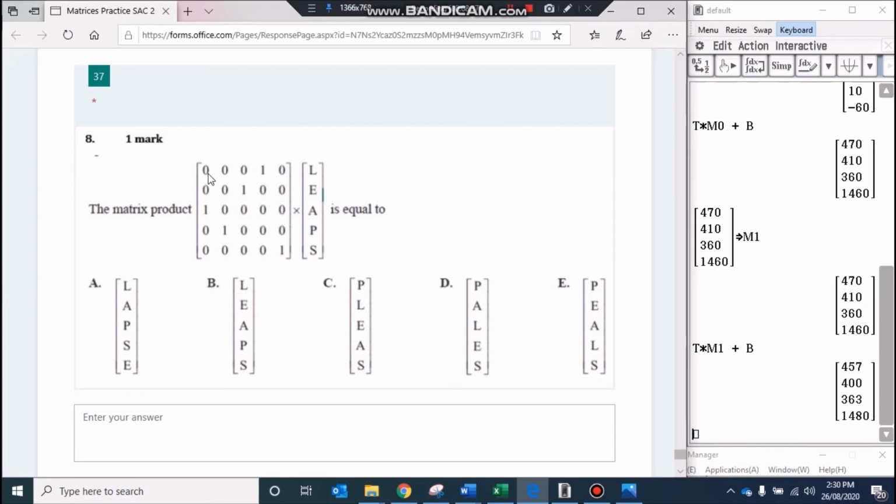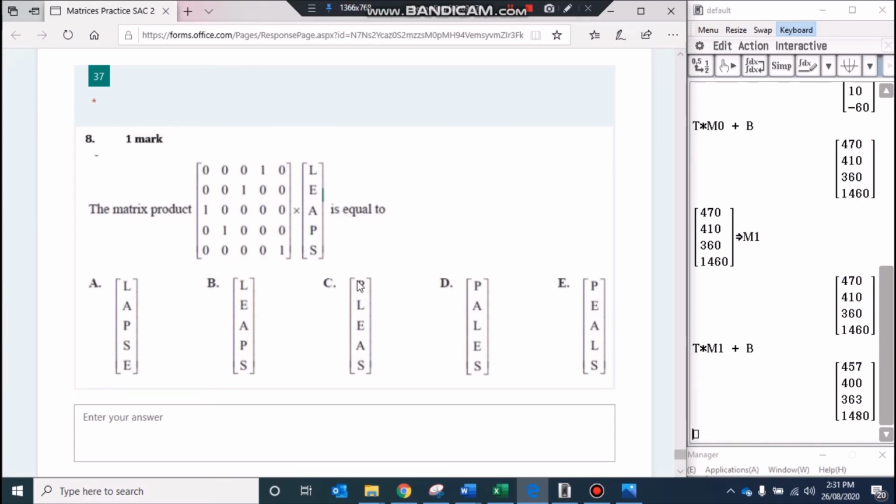You're going to have 0 times L plus 0 times E plus 0 times A plus 1 times P plus 0 times S. Notice that all the letters were multiplied by 0 apart from P. So P is the only letter that was multiplied by 1. So what we're saying is P will be the first letter. So it's got to either be C, D, or E here.